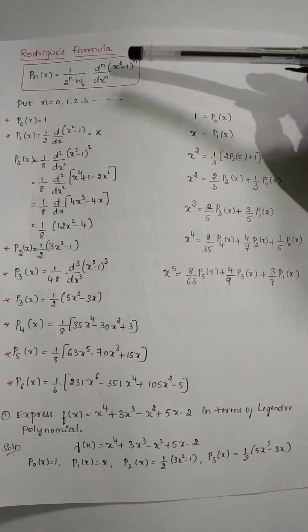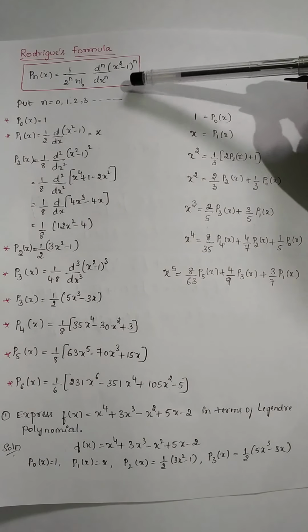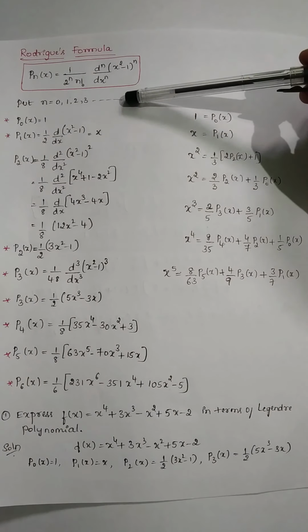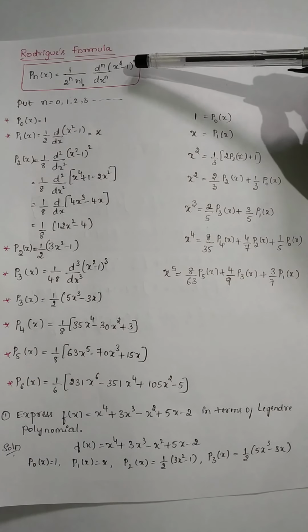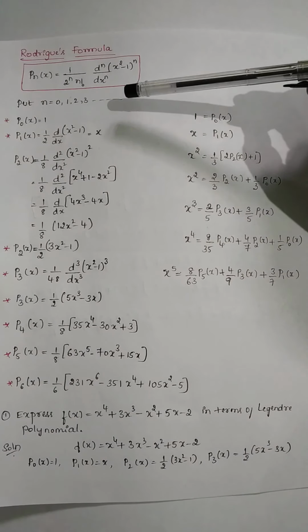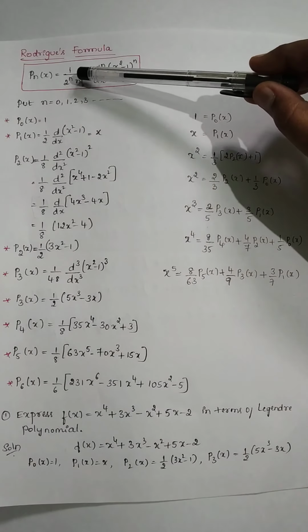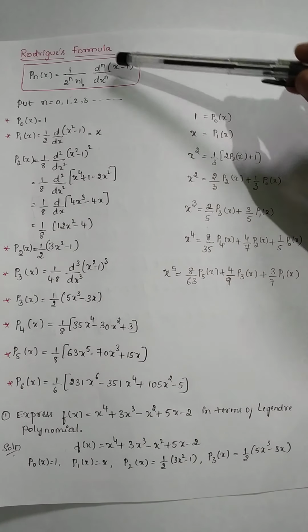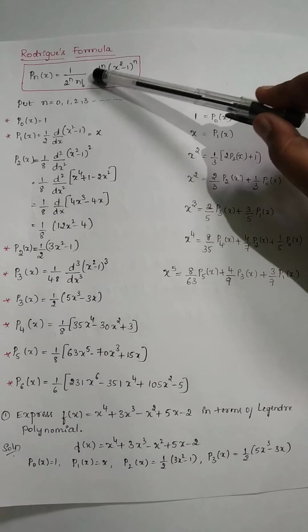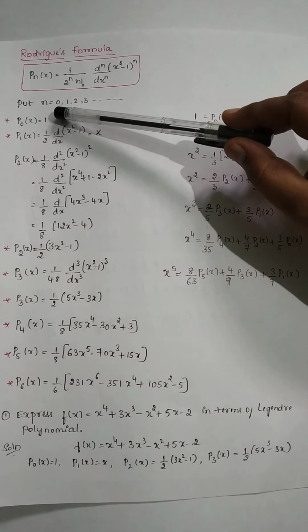First you write the Rodrigues formula and put n is equal to 0, 1, 2, 3, 4 and so on in Pn of x. When you put n is equal to 0, we get 1 divided by 2 to the power 0 and 0 factorial, and no derivative here. So the answer will be 1, so P naught of x is equal to 1.